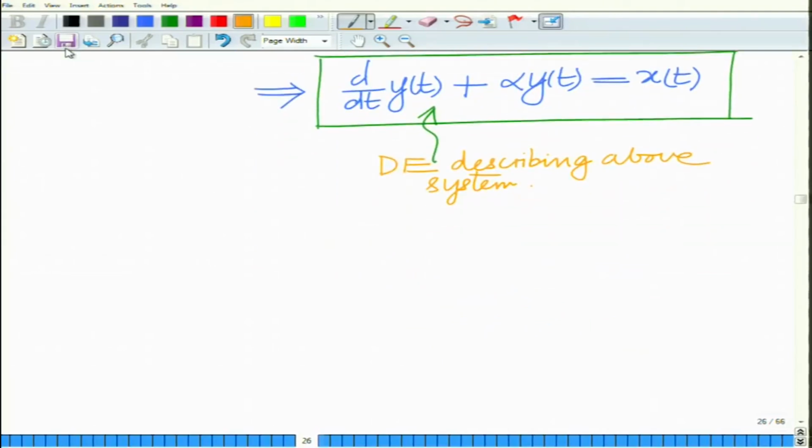Okay. So, now let us try to solve this to get the output response.